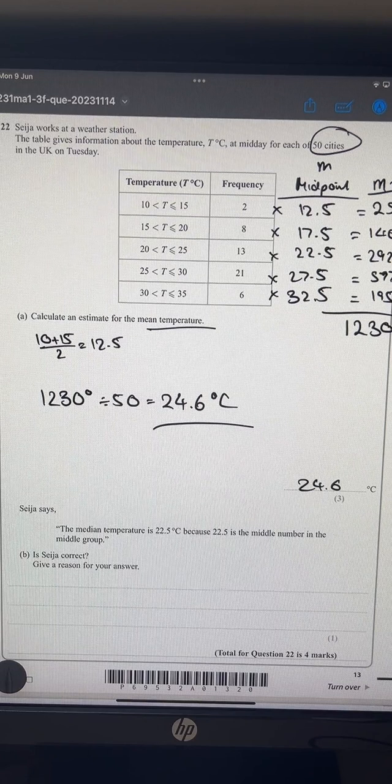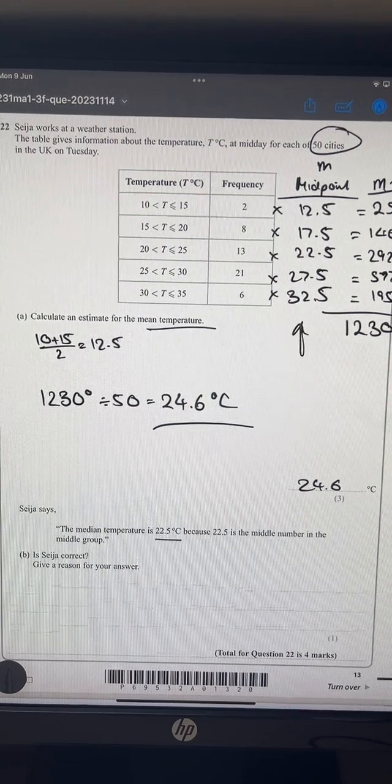So last part, Sage says, the median temperature is 22.5 degrees Celsius because 22.5 degrees Celsius is the middle number in the middle group. Is Sage correct? So think about it. The median temperature, well, no, right? Because you don't know that a temperature is actually 22.5 degrees Celsius. That is an estimate, right?